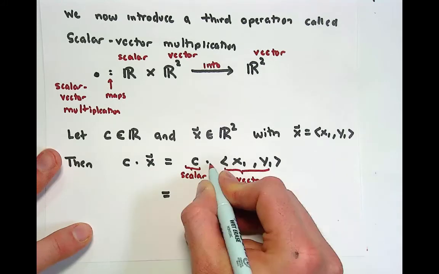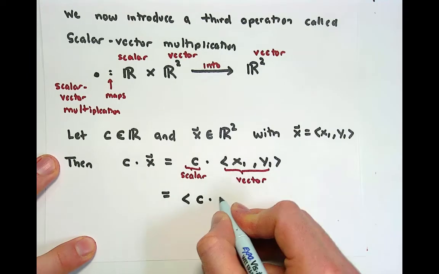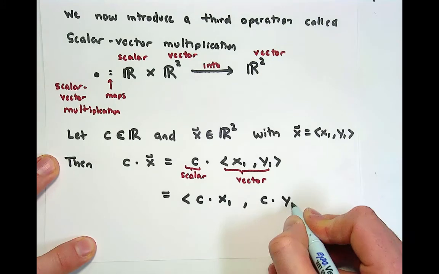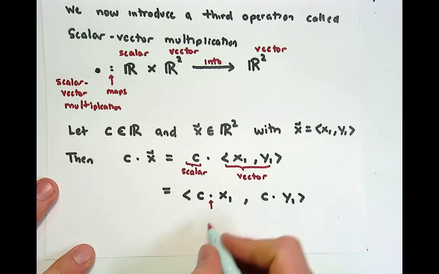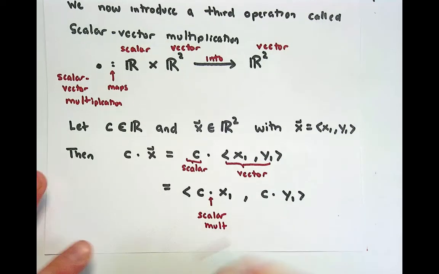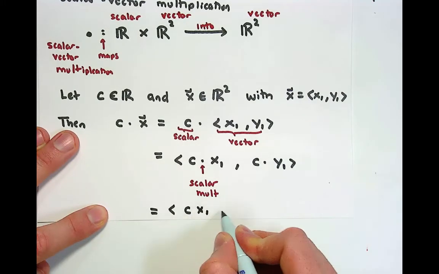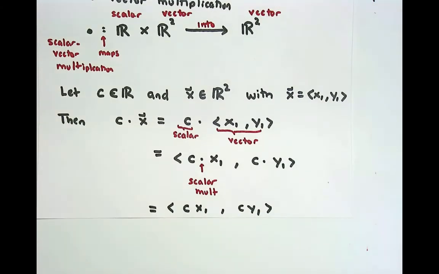That's how you can tell that that dot is a scalar vector multiplication. And what we do there is we bring it inside each of the components. Notice this right here is a scalar multiplication. And another way to write this, if you wanted to write it without the actual dot, you could write this as C x1, C y1.